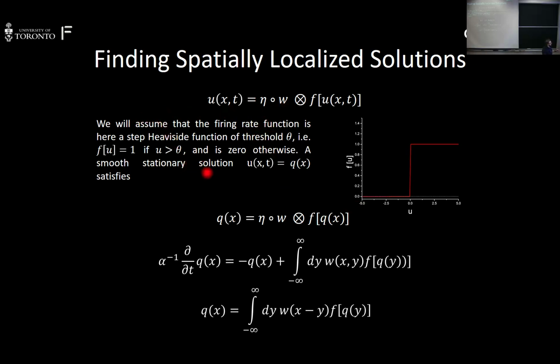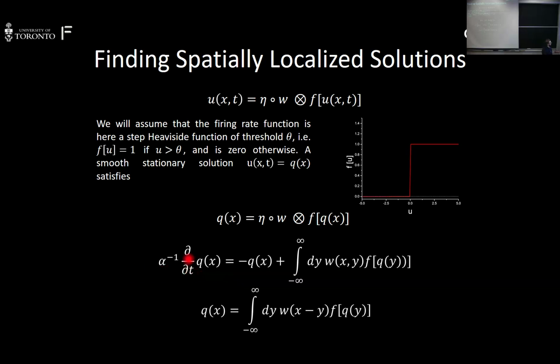The thing we want to focus on now is our general equation, written as a convolution, rewritten as an integro-differential equation. We've got evolution over time of this variable we'll call Q. What we want to do is drop time.